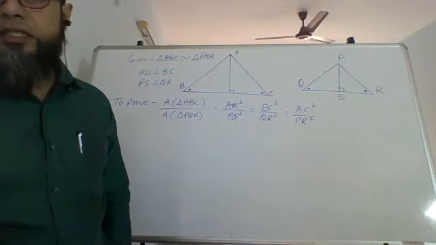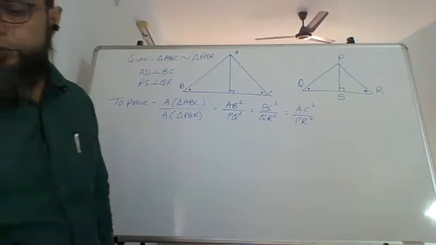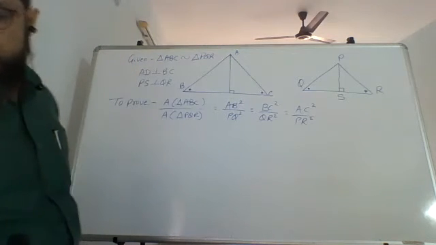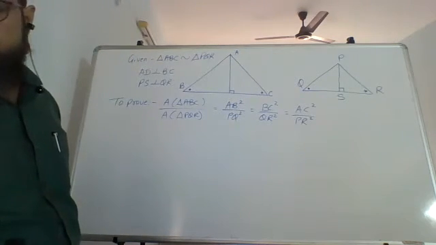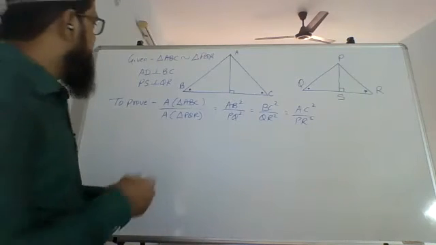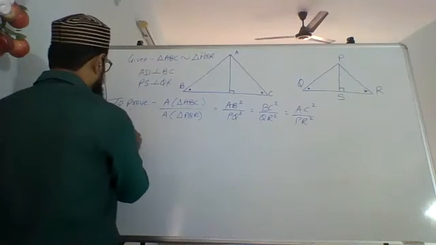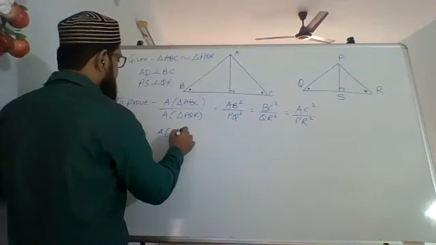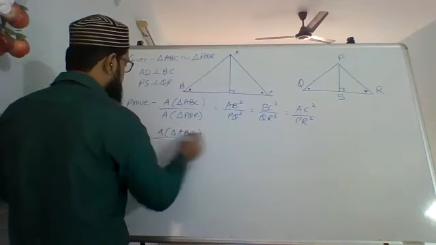Let's understand how we are going to do this. First of all, let's say area of two triangles. What is area of the two triangles? Base into height, and base into height. So for triangle ABC, what is the base?